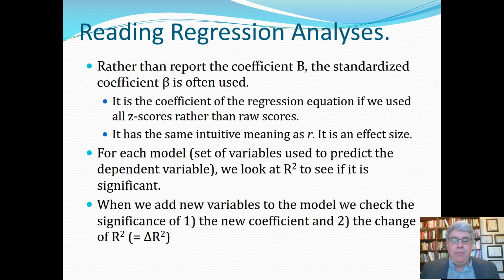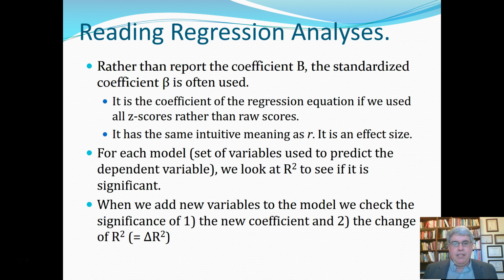And so the advantage of using these standardized betas is that they have the same intuitive meaning as R. They almost always go from -1 to +1, and they basically have the same meaning as R. It's an effect size. So you could use it in meta-analyses, for example, and you can use them to compare the strength of the different coefficients.